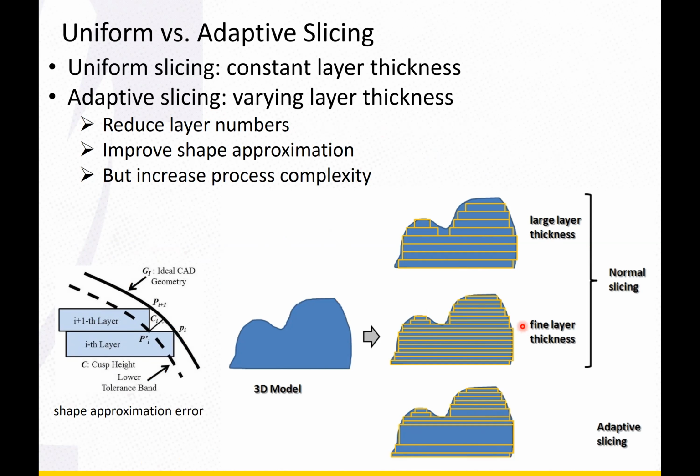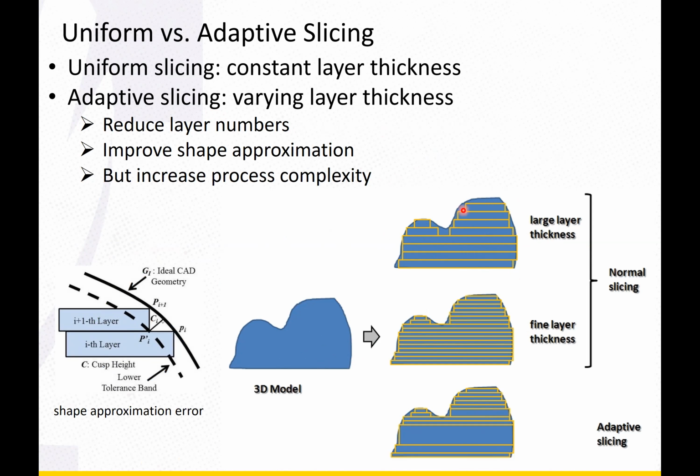So let's just imagine you have this 3D model. If you have a very large thickness, but the same thickness, then you have some layers in this way, and obviously it has a large approximation error. So the easiest way in your mind will be, how about we just decrease the thickness?